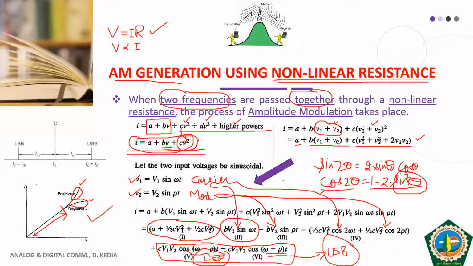So obviously, if you pass these two frequencies together through a diode, you will get AM. If you pass the sum of two frequencies through a non-linear resistance, you will get AM. So we will talk about those things in the next class. I hope this concept is clear to every student.